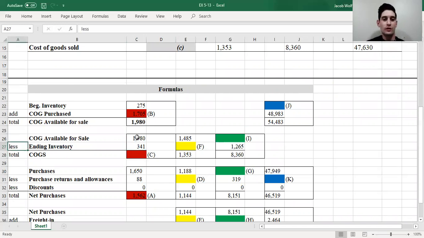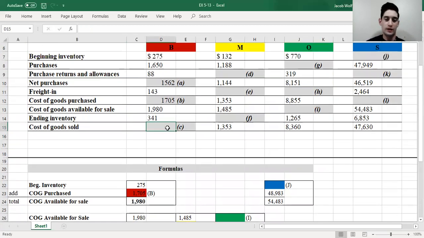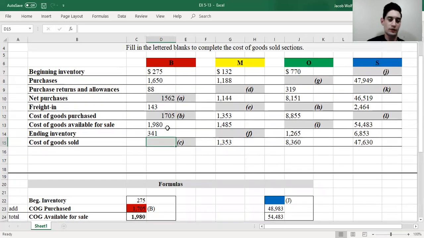So we have 1,980, and we subtract 341. That gets us a value of 1,639. And so we're going to go ahead and log that up here in our table, 1,639.